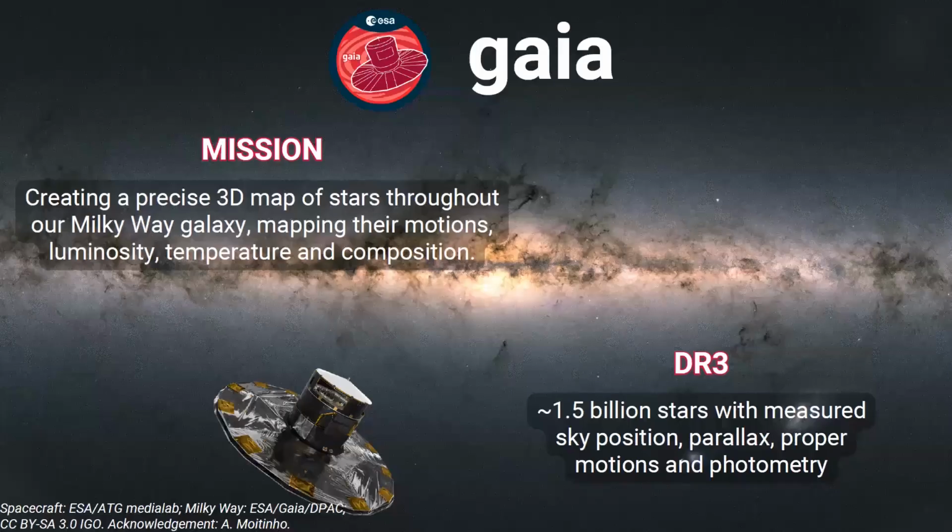Of course, a big impact on this field has been given by the Gaia mission, which actually makes a beautiful 3D map of the stars of our galaxy, for which we have the motions, luminosity, temperatures, composition, and maybe other physical parameters.